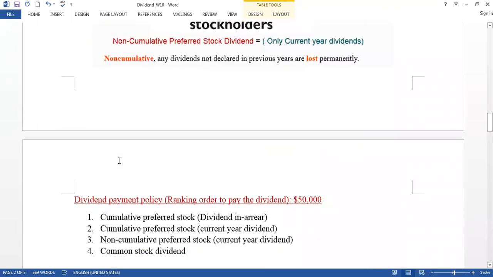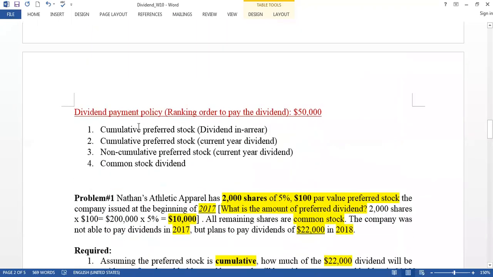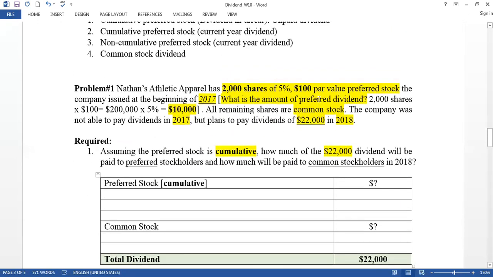According to this rank, for example, this is $22,000 according to this question. As you are cumulative, you are going to receive unpaid dividend first. Dividend in arrear means unpaid dividend. And we know the amount of dividend is $10,000.